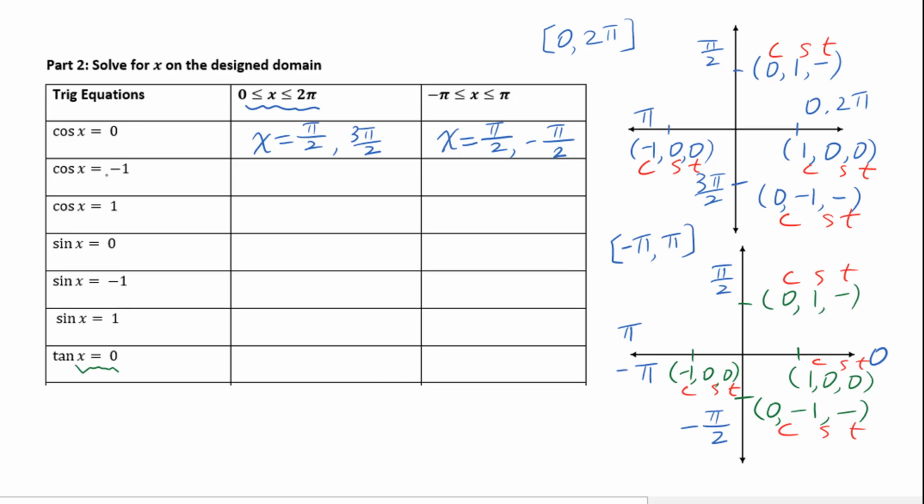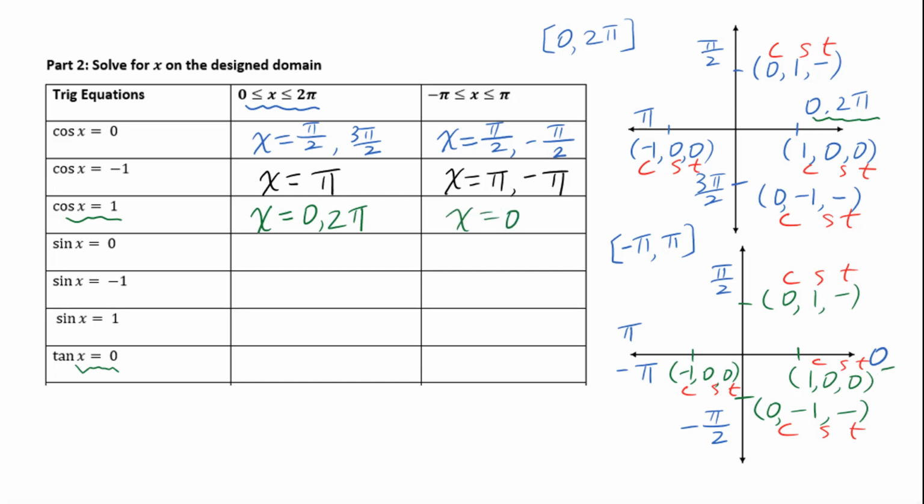For cosine x equals negative 1, first diagram, that is pi. For the second diagram, you could say pi and negative pi. For cosine x equals 1, in the first diagram, it's here, 0 to pi. For the second diagram, it's just 0.